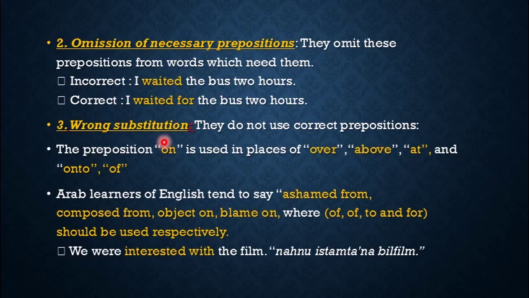However, in all these kinds, the three kinds of preposition errors, whether by insertion, omission or substitution, these are categorized as negative transfer rather than positive, because it has an interference issue, or the native language interferes and causes errors for the Arab speakers.